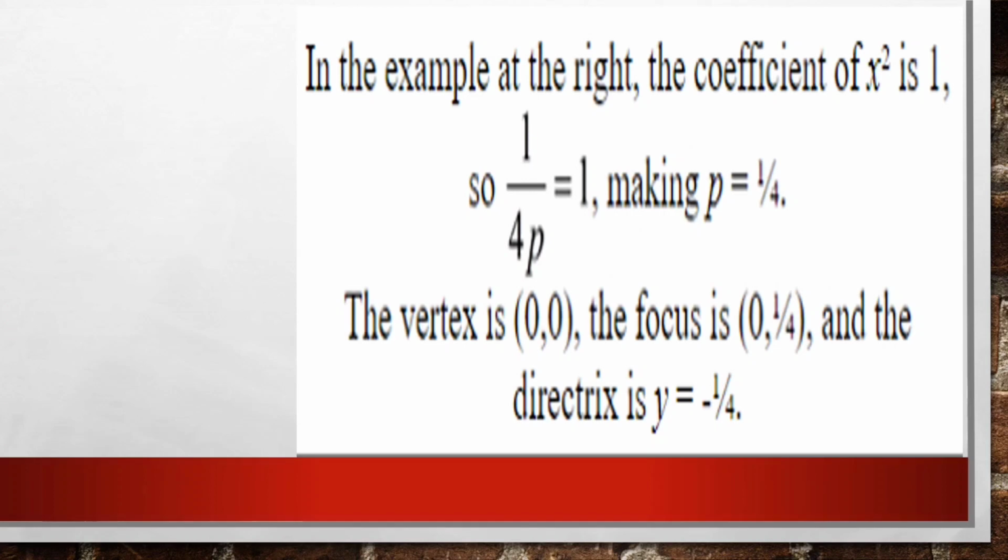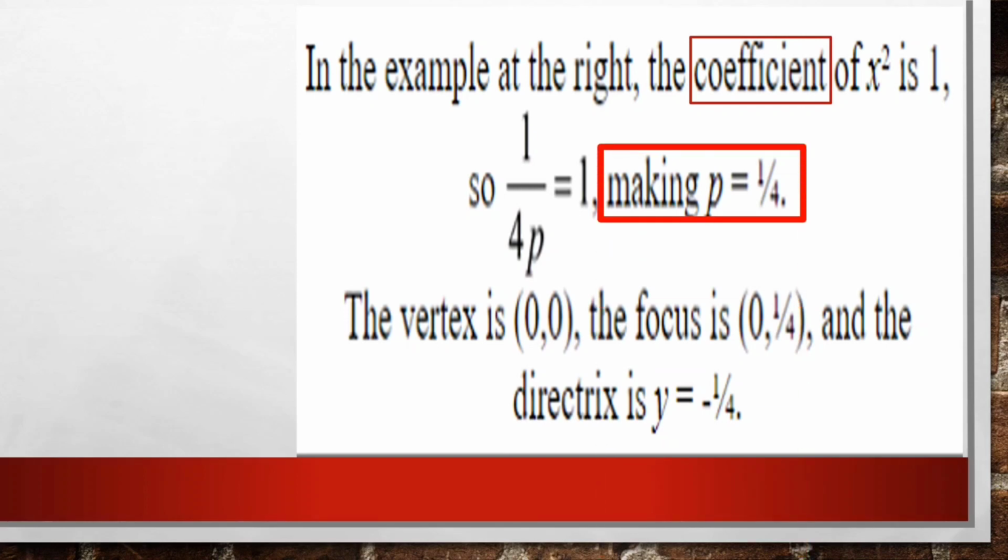To explain further how they got the value of p, as you can see here, in the example at the right, the coefficient of x squared is 1. Okay, we have here a is equal to 1 over 4p. Since the value of the coefficient is 1, that is represented by a, it is equal to 1. 1 is equal to 1 over 4p.